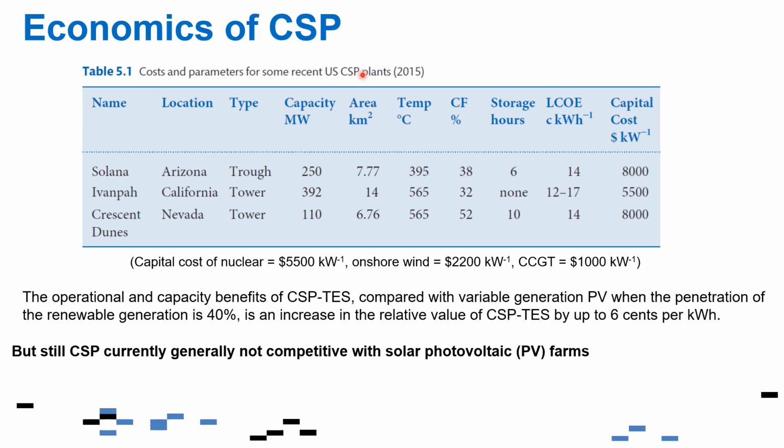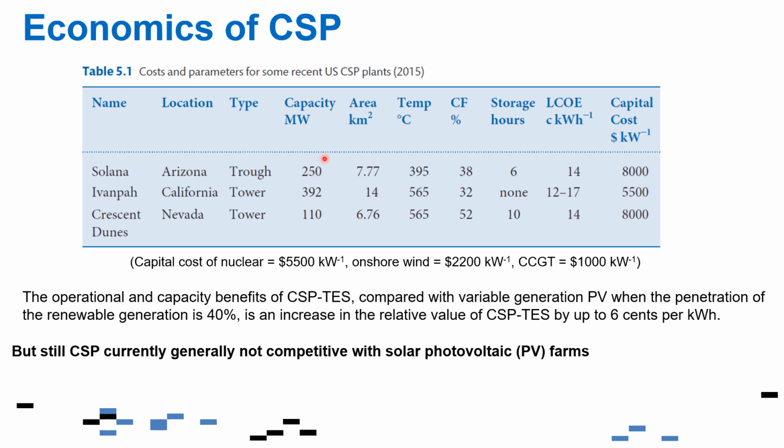So in this case, the capital cost will be quite high. If you compare with the capital cost for nuclear, for example, it's 5,500 per kilowatt. But in this case, you can see that the tower is around 8,000. It's even higher than nuclear. Onshore wind is around 2,200. So you can see that this is pretty expensive for concentrated solar power.